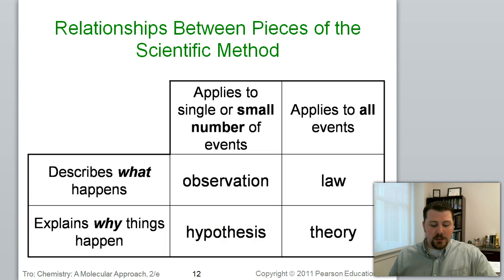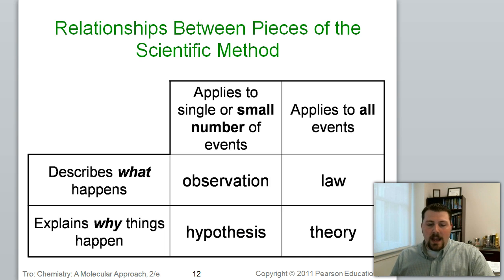So if you were to place it into a table, it might look something along these lines. Notice describing what happens is your observations, and your law. Your law is describing what happens, applies to all events. Explaining why things happen, and why here is kind of a sticky word because you can't ever explain why to the most fundamental level.